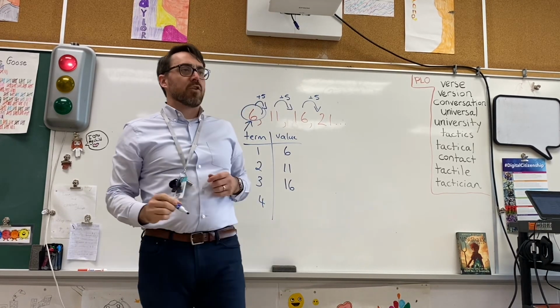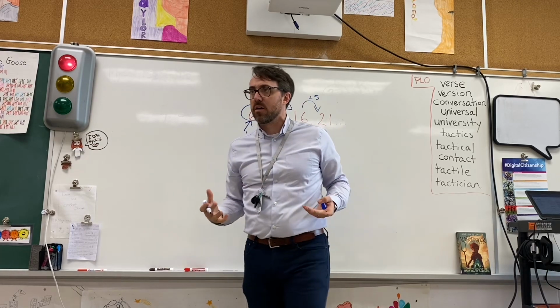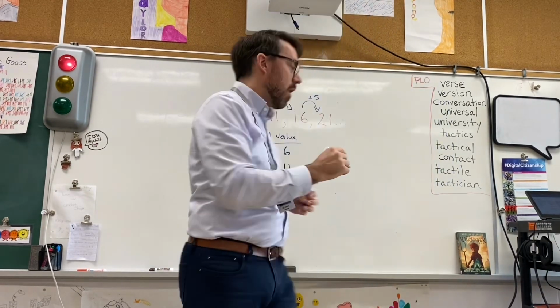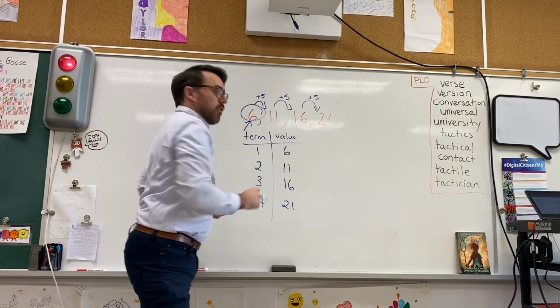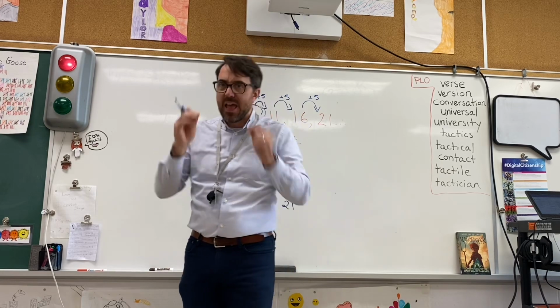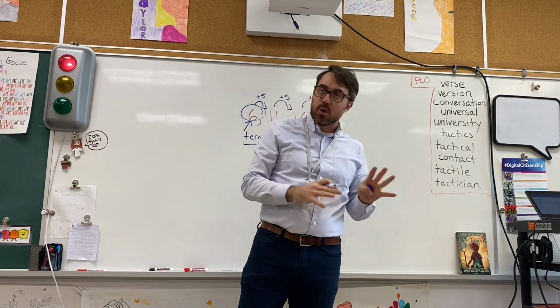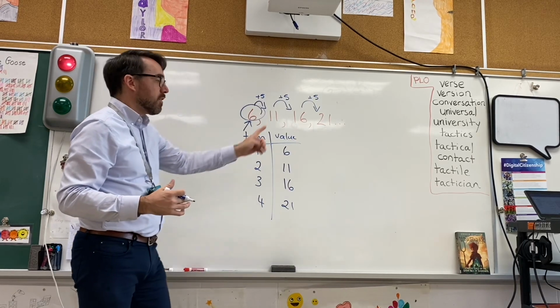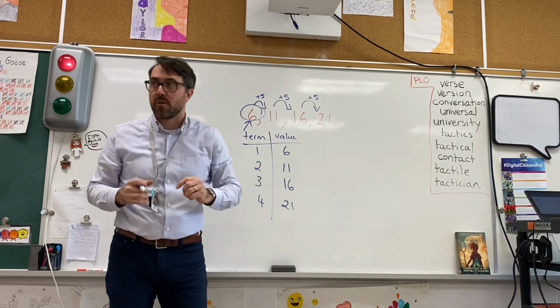And the value of term number 4? Qui-Gon? 21. 21 is the answer. So, here's the value of a patterning table. On a quiz, I might ask you a question like this: what is the value of the 10th term?